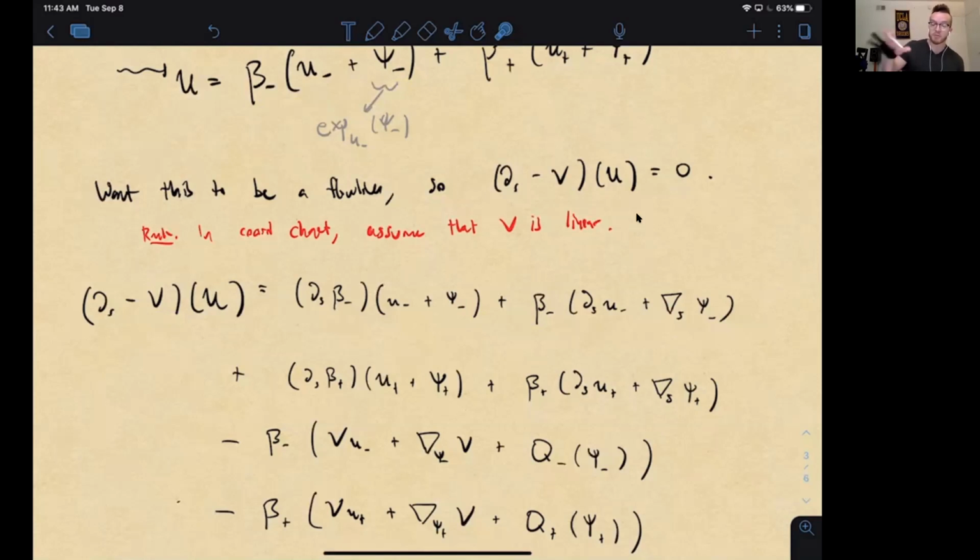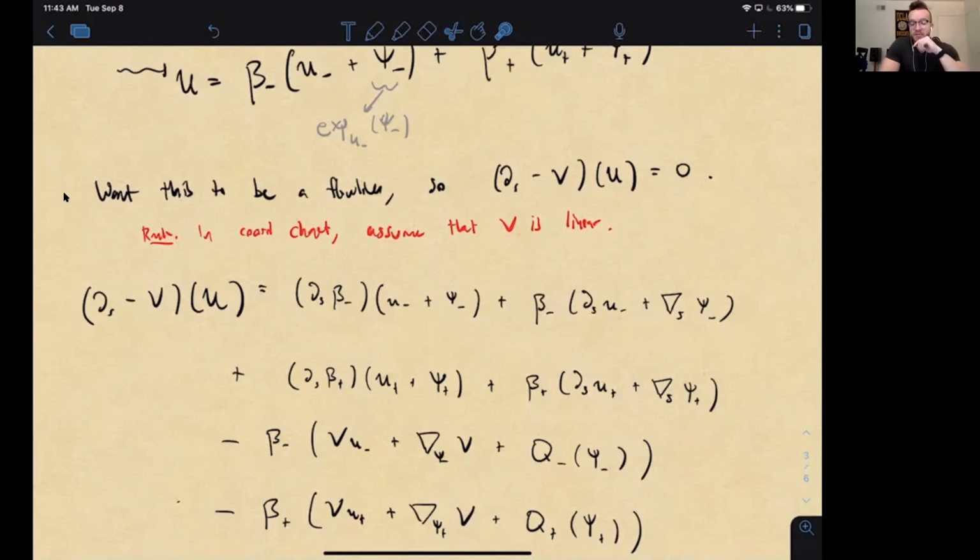And then the Q terms are for quadratic error terms that arise outside of the coordinate chart, apparently. So I made this assumption where the V is linear in the coordinate chart, but I think you'll still get some random error terms that don't really matter so much. Yeah, so to be honest, this is something that still kind of confused me.